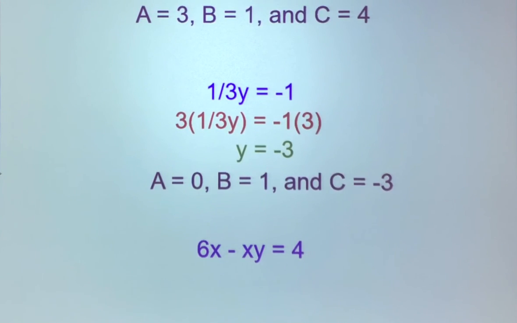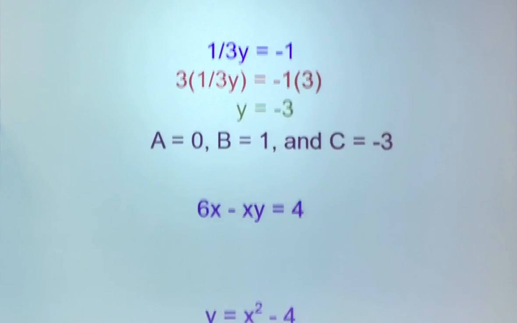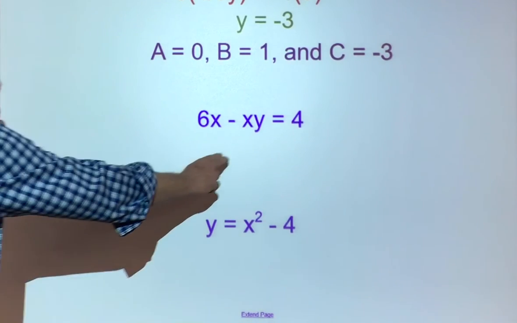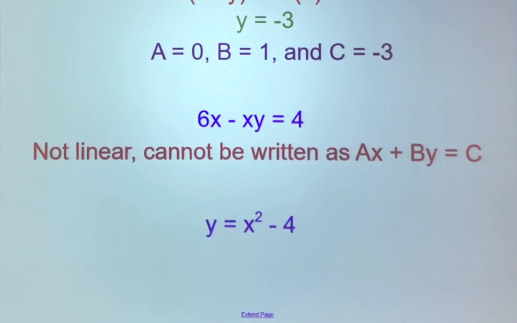All right, let's take a look at the next example I have up there. It says 6x minus xy is equal to 4. Well, I can tell you right off the bat that that's not in standard form. It's not linear, it can't be written in standard form because of the x times y.